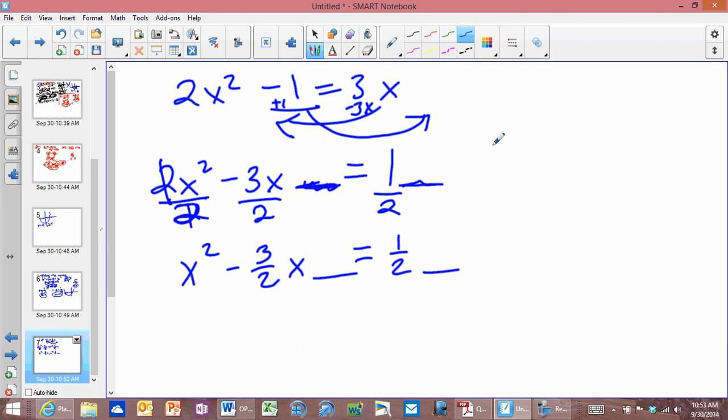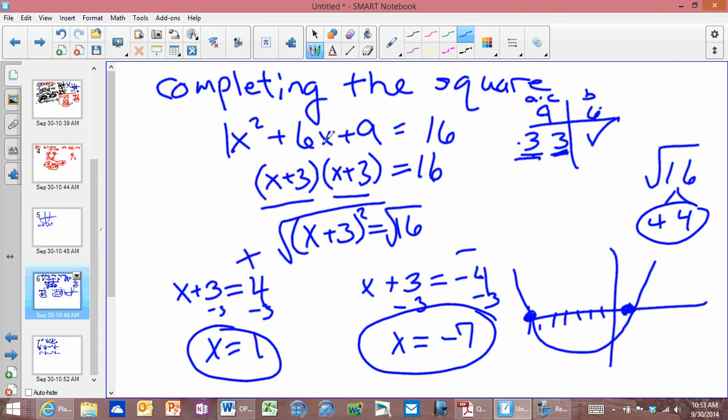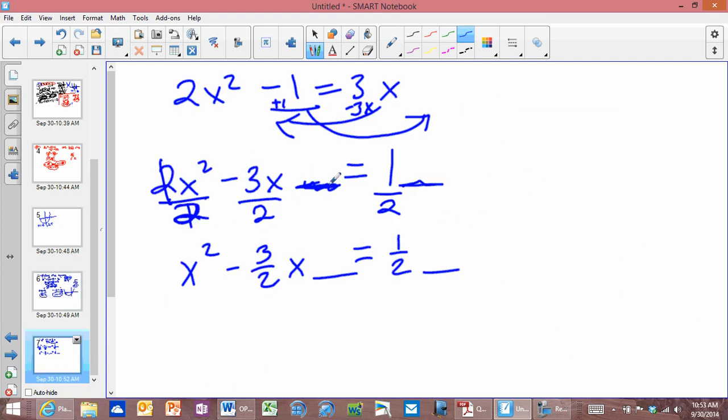Now, in order to complete the square, remember, if we go back and look at this 6 and 9 example with 1x squared and 6x plus 9, it factored really nicely. But I had to know what I have to add to both sides because this doesn't really factor nicely. I need to have something squared. I need to have x plus or minus something squared.